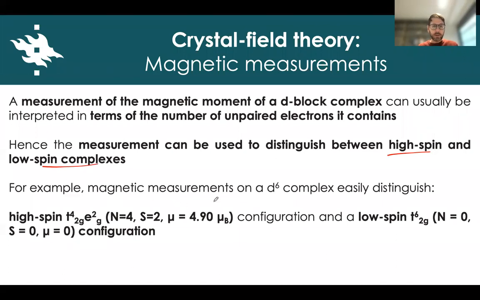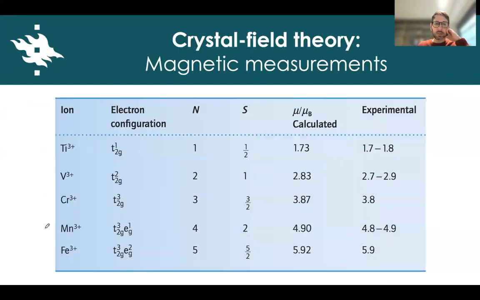For example, magnetic measurements on a d6 complex can easily distinguish between a high spin configuration and a low spin configuration, as the low spin will have 0 unpaired electrons and therefore 0 magnetic moment.